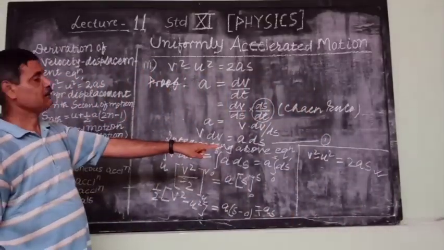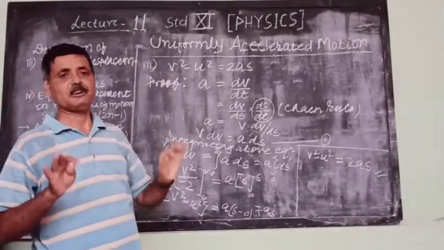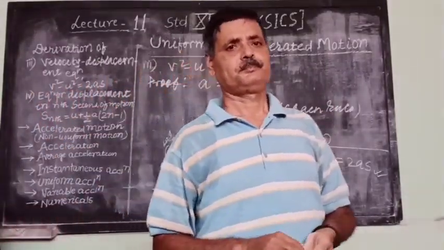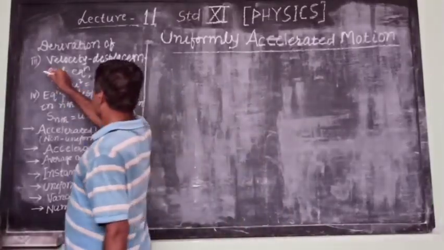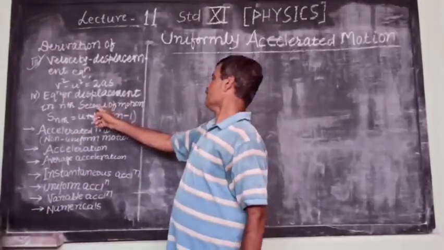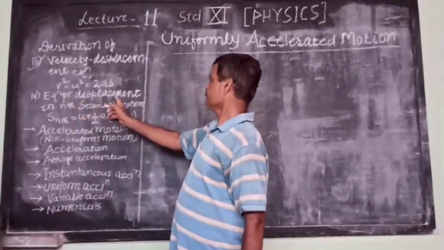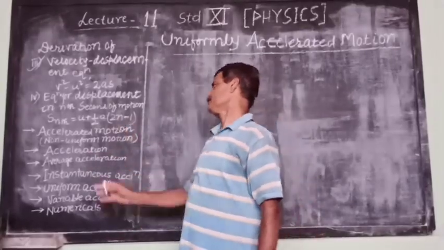This was the velocity displacement relation, and the third formula is proved. Next formula, this was your formula number 3, and this is another equation for the displacement in the nth second.